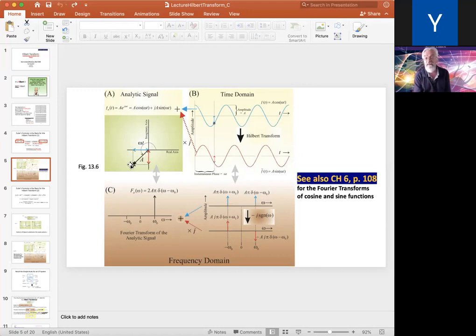I'm going to come back to the frequency domain, but as standard in the book, the yellow part of the picture is time domain, and the brownish ochre part is basically the frequency domain. And you can already see part of it that's known to you, which we already did in chapter 6: the Fourier transform of the cosine is represented here, and the Fourier transform of the sine is represented there. And I'm going to come back to the rest of this figure.